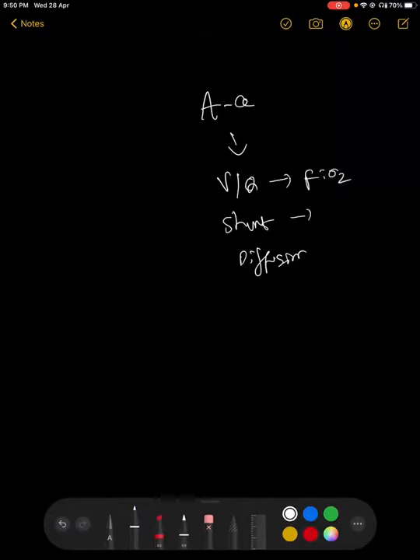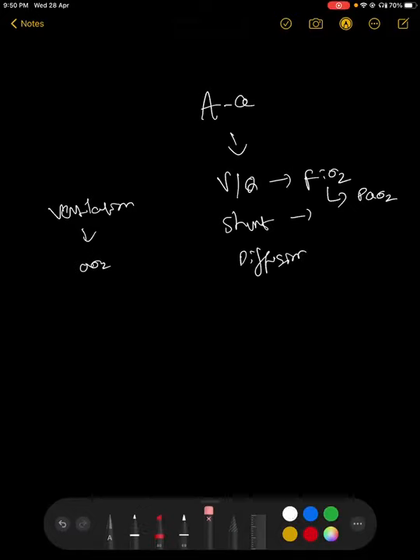When you increase FiO2 in case of VQ mismatch, the patient's PaO2 may improve, since the problem is with ventilation. When you offer more FiO2 than intended, sometimes PaO2 can improve, whereas it won't happen in shunt, because whatever oxygen you give is going to be wasted in the shunt. Through that we can differentiate between these two processes.